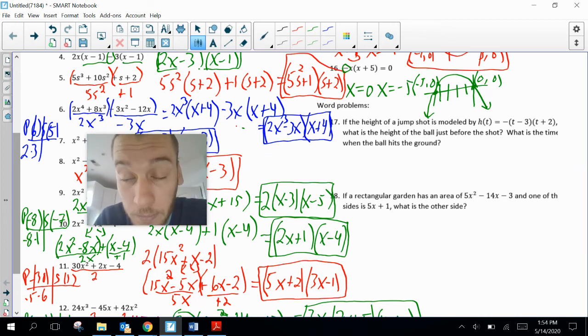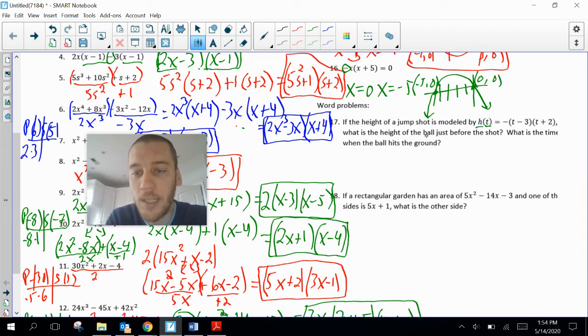When I'm shooting the ball, remember, T is time and H is height. So I want to know what's the height of the ball just before the shot. That's going to be right when time is 0. So if time is 0, I'm just going to plug this in.